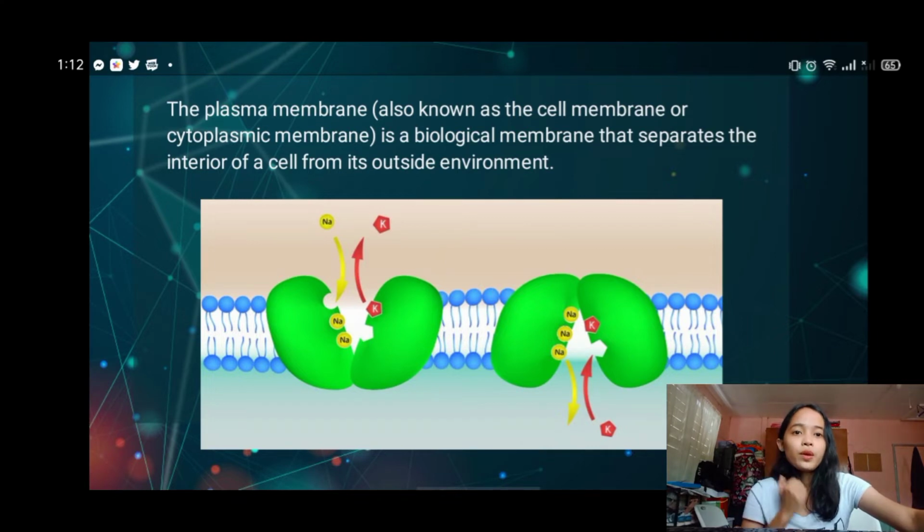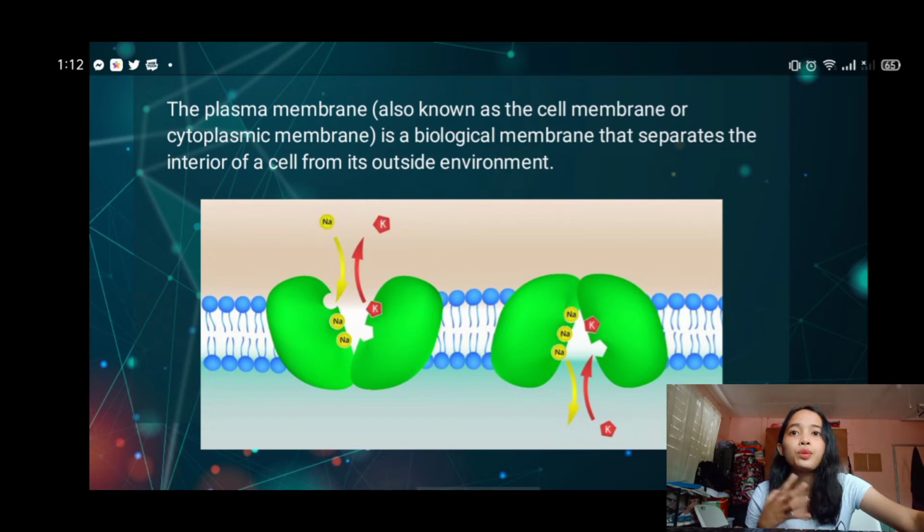So let us start with the cell membrane. The cell membrane, or the plasma membrane, also called the cytoplasmic membrane, is a biological membrane that separates the interior of a cell from its outside environment. So basically, its primary function is to protect the cell from its surroundings.